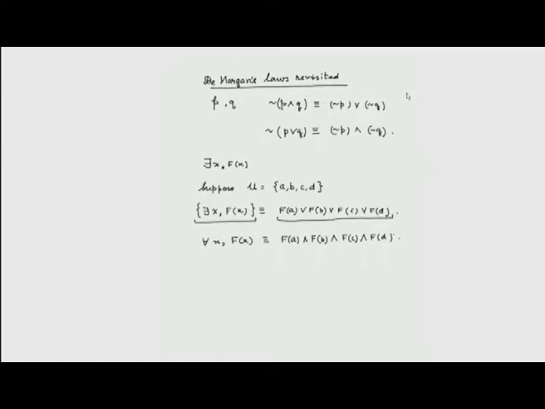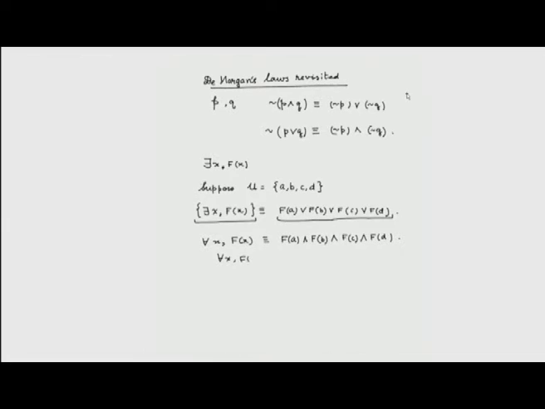Now, let us look at the first expression that we started with, that is for all x f x and not of there exists x such that not of f x.